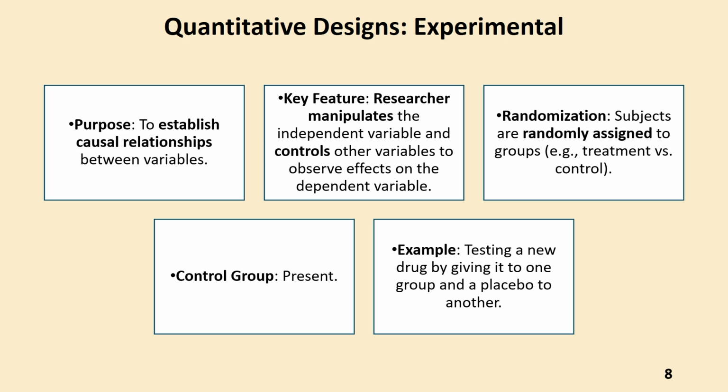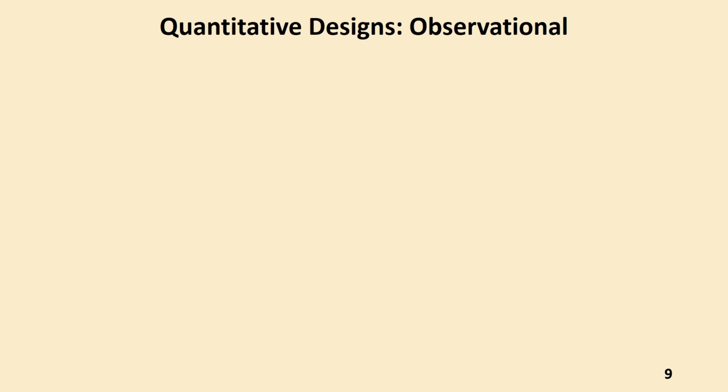Control group is present. When you are doing experimental research, a control group is present. Example, testing a new drug by giving it to one group and a placebo to another. So, when you have this kind of situation, you have to look towards experimental research design. Next is observational.